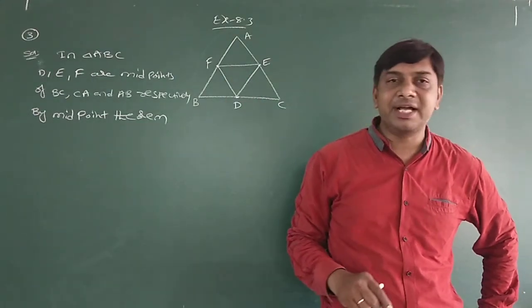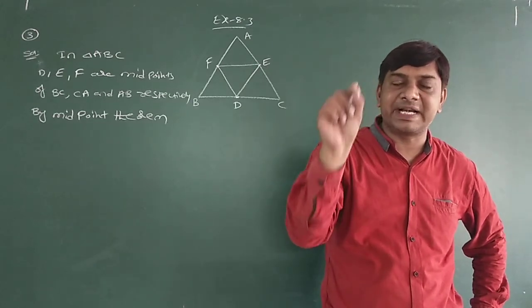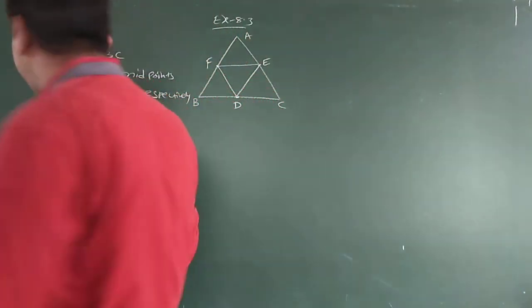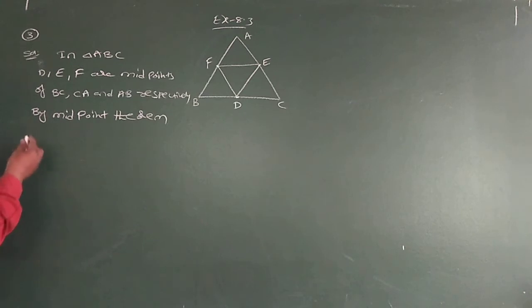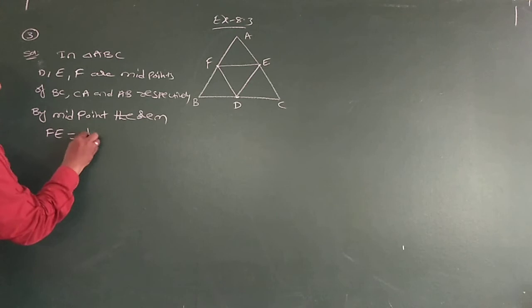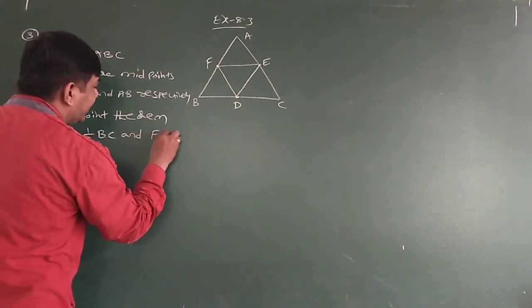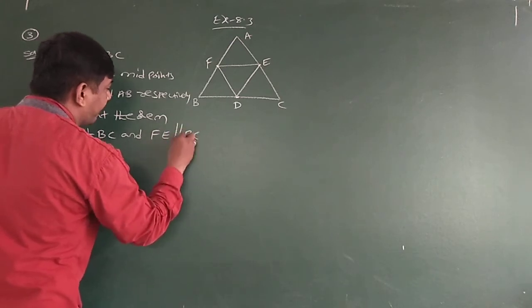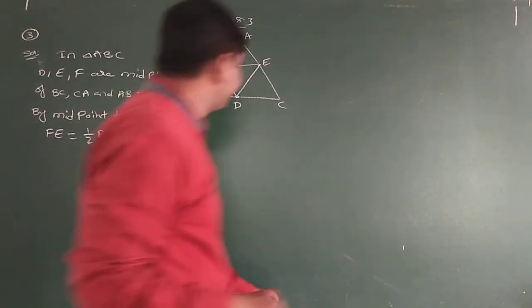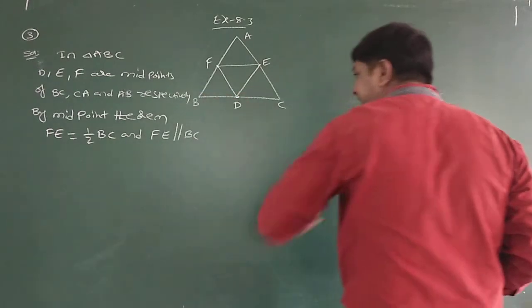By the midpoint theorem, FE is equal to half of BC and also FE is parallel to BC.